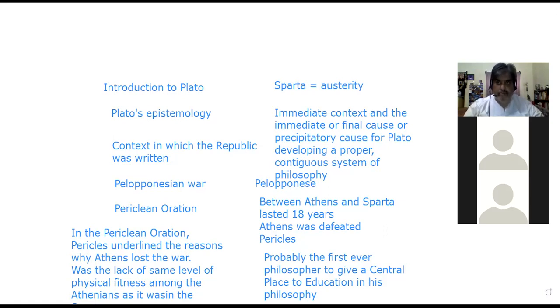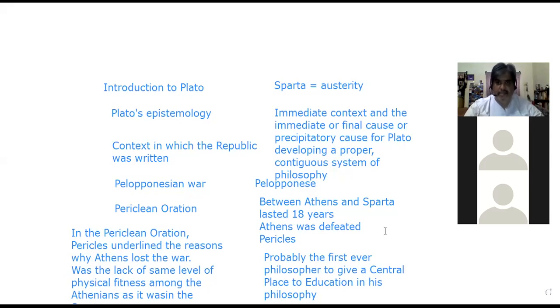So Plato was also a teacher. Plato was also somebody who developed a system of thought in which education has the pride of place.